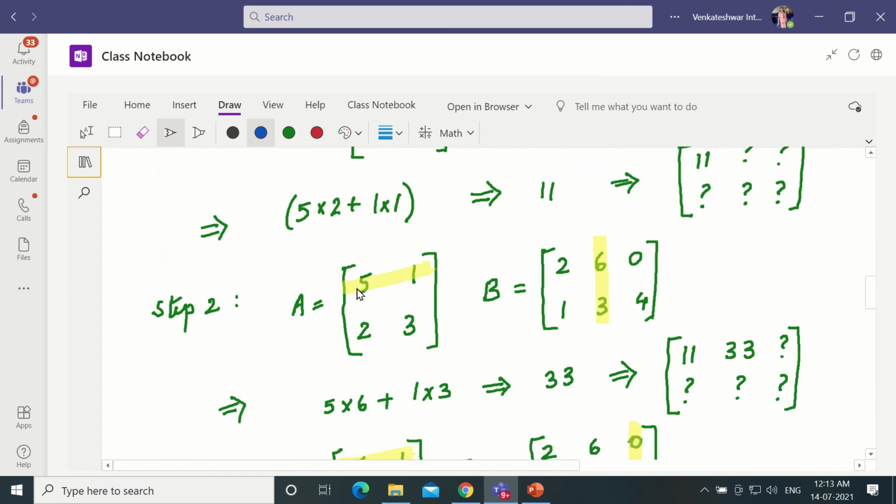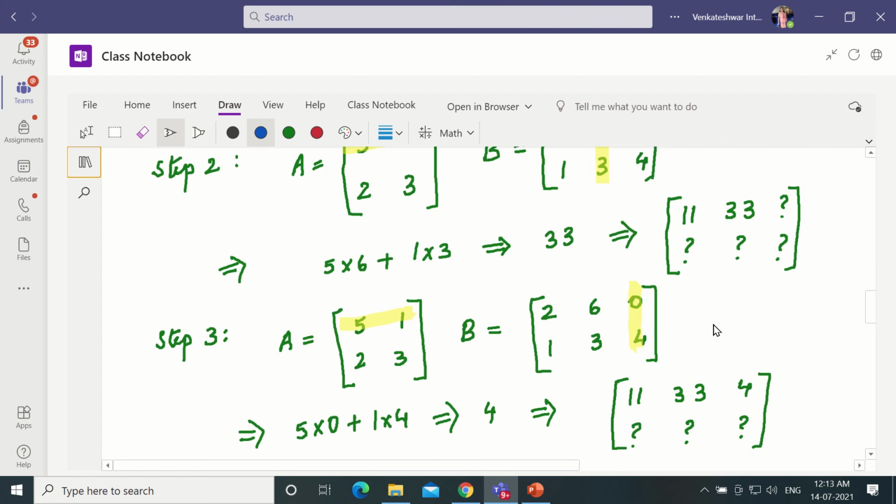Step 2 would be, again I take the first row and now I go to the second column. So I multiply 5 with 6, 1 with 3 and add the values. So I have 5 into 6 plus 1 into 3. This comes out to be 33. So my second element now, that is A12, becomes 33. Again, in step 3, I take the first row and the third column.